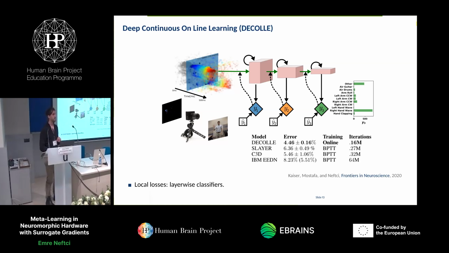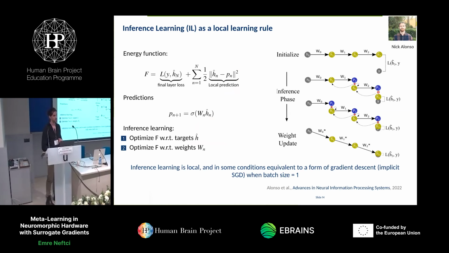I don't have examples for unlabeled work that work well, but I'm going to give you a few pointers here. One is by my student, Nick Alonso, who just had a paper on this at NeurIPS. And he's using an approach called Inference Learning, or what we usually call predictive coding, where the function that you're trying to optimize is some loss. It can be like classification loss of just the last layer.